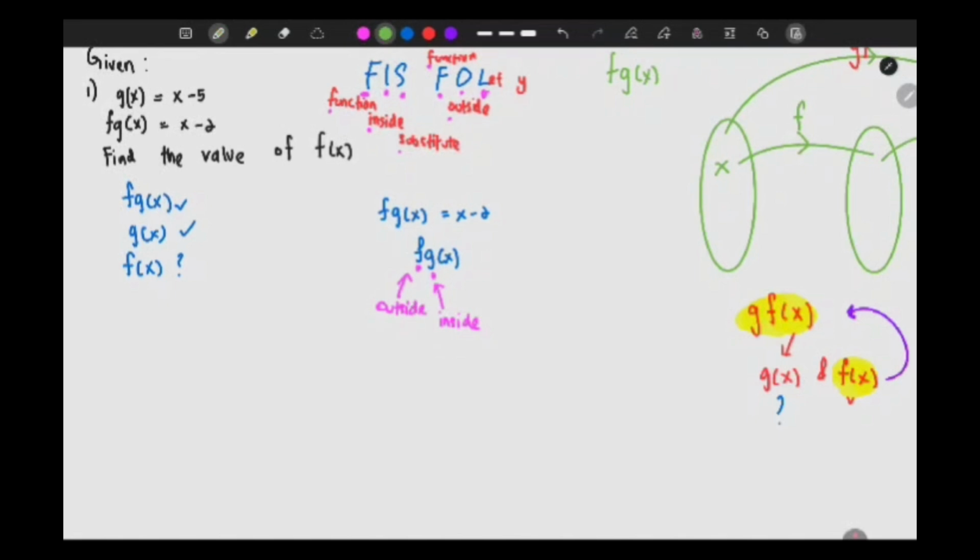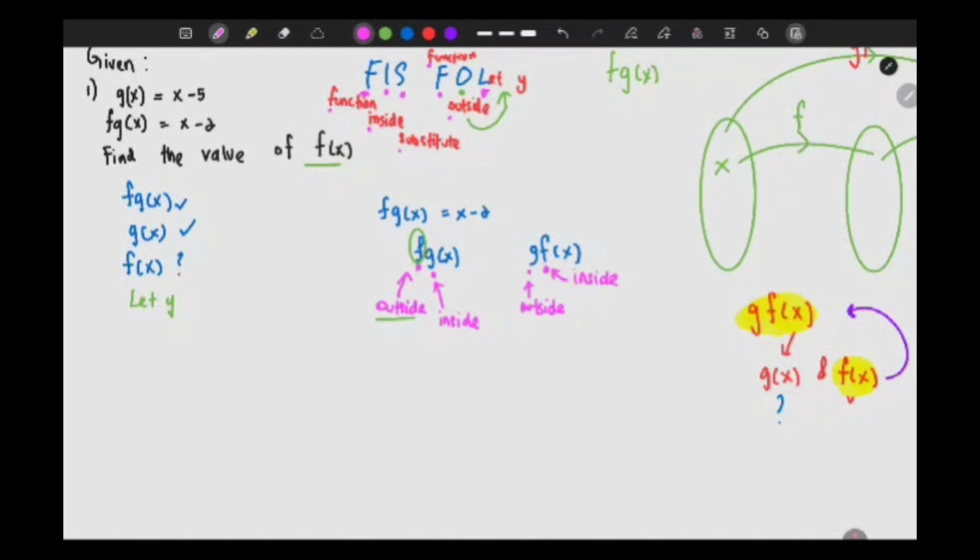So if you want to find the fx, the f here is outside. When it is outside, you should let Y. That's what I mean by FOL. So in this case, you should let Y. What to let Y? Now I will explain to you. So you understand the f, you see the function. If let's say gfx, the g here is outside. The f here is inside.